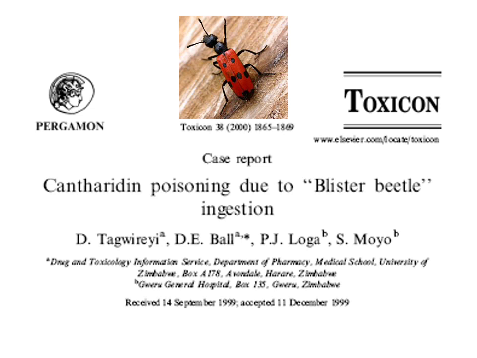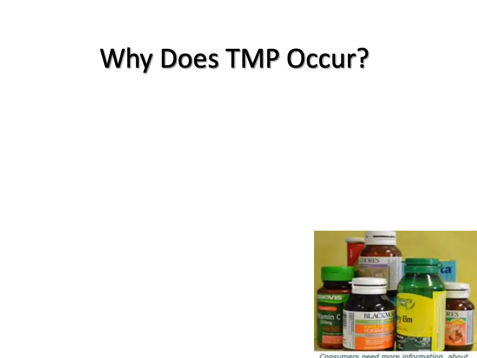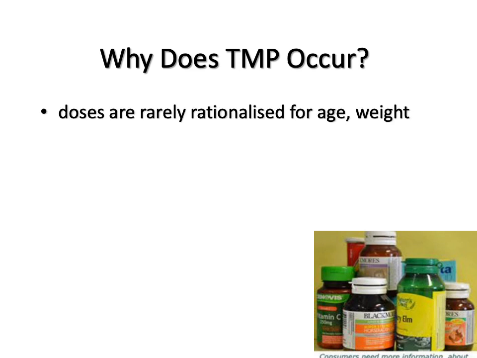So having said that, we just want to quickly look at some of the reasons why traditional medicine poisoning can occur. One of the most cited reasons is that the doses really are rarely rationalized for age and weight.